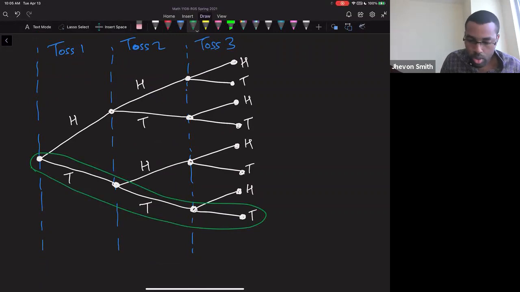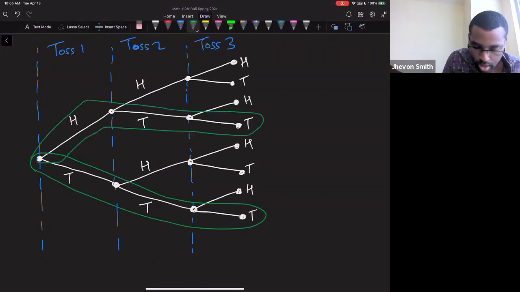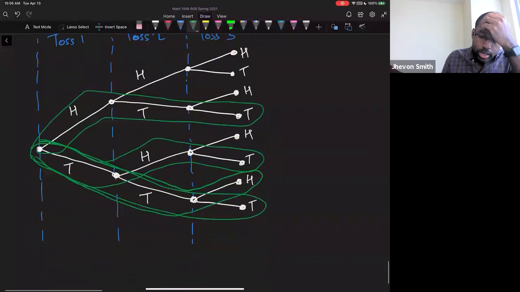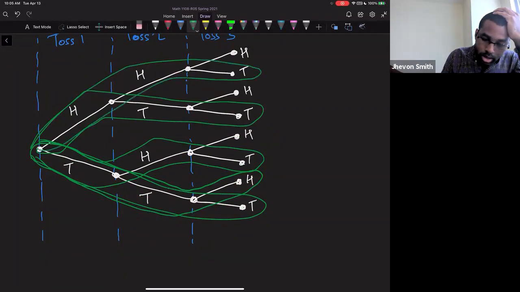All the ways I can get 1 head, we saw that before. I can get the head first and then pick 2 tails. I can pick a tail, get the head second, then pick another tail. Or I can get 2 tails and then pick one of the heads. How can I get 2 heads? I can get 2 of them in the beginning and then pick a tail third. I can get a head, a tail, and then pick the next head.